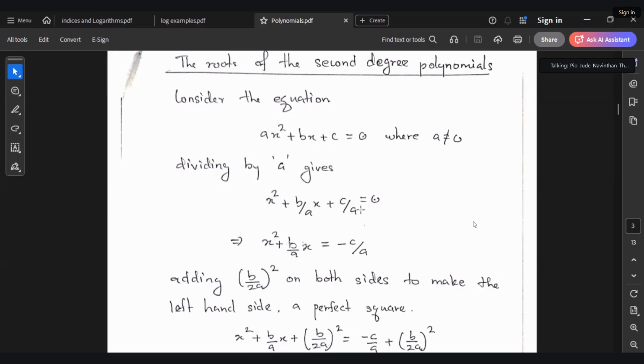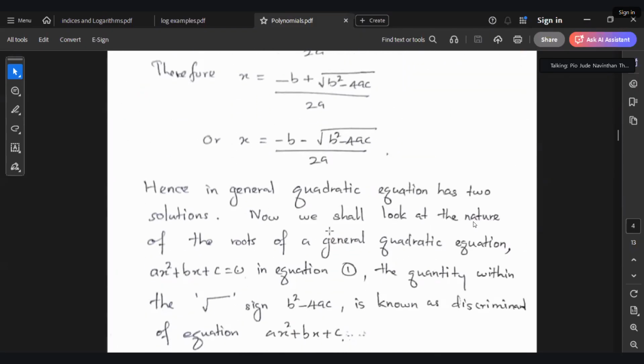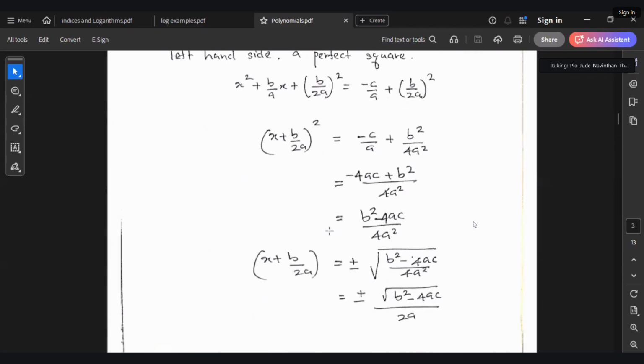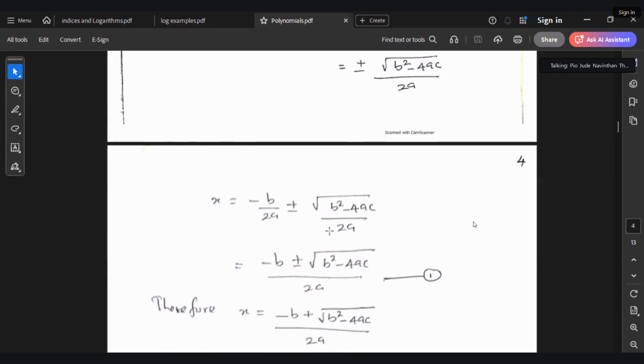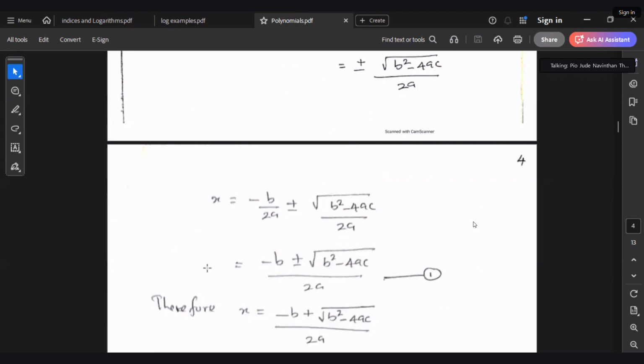And we bring this c over a to the other side, and we are doing something, right? We have no need to worry about this one. Just I am going on, right? So here the value will be: you already studied it in O level. x is equal to minus b plus or minus root of b square minus 4ac, over 2a.